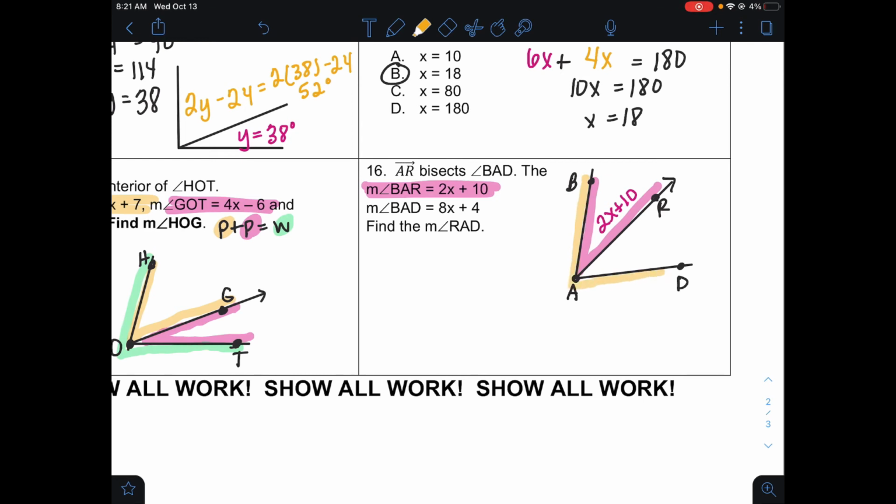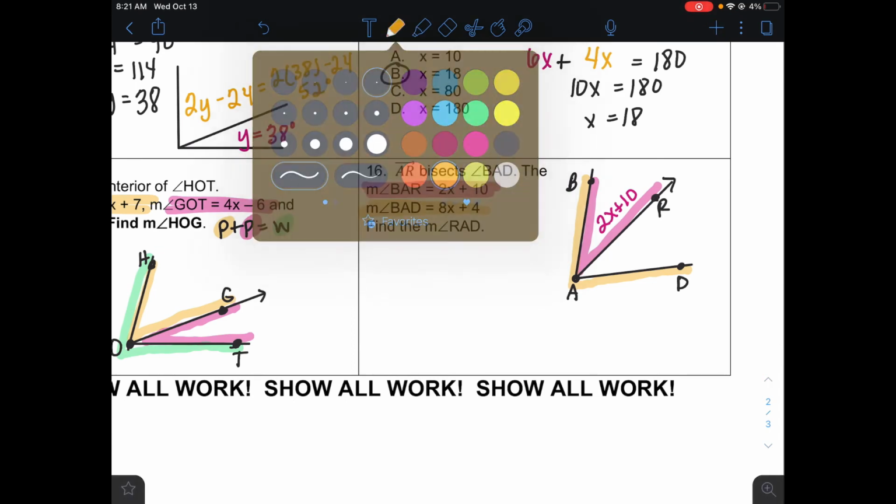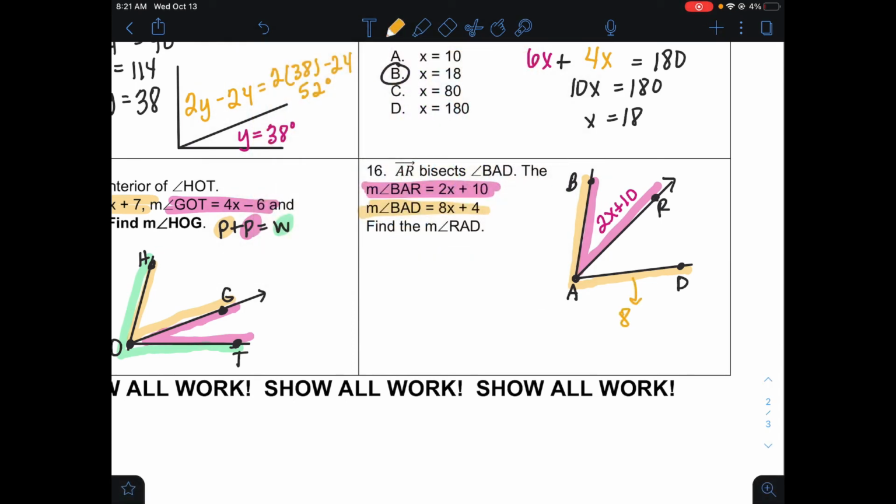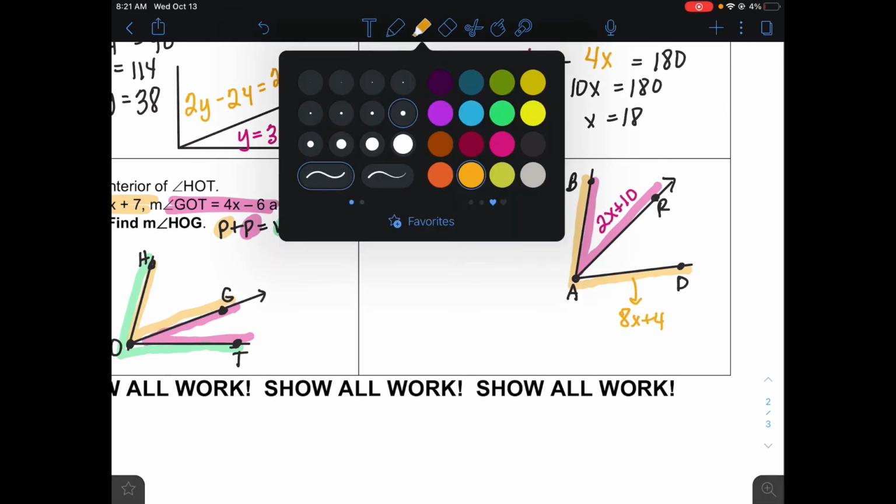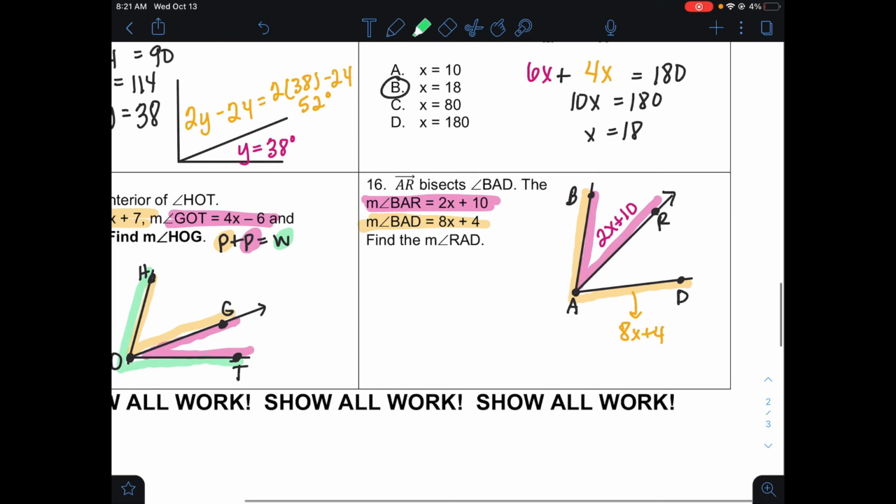BAD, the whole thing, is 8x plus 4. And then we need to find RAD, which is this one right here. All right, so this one's going to be a little weird. We're going to do the best we can.